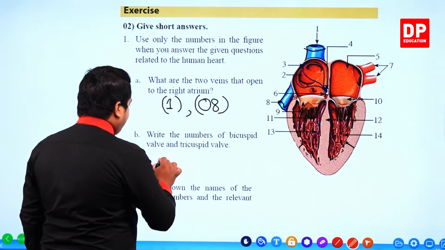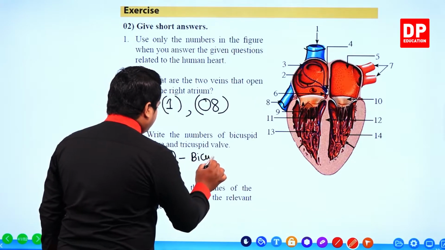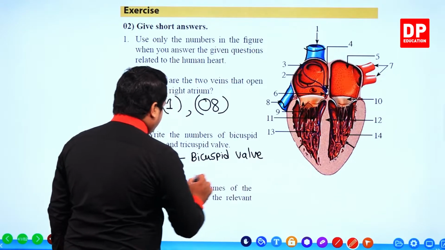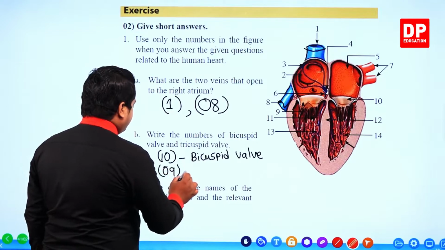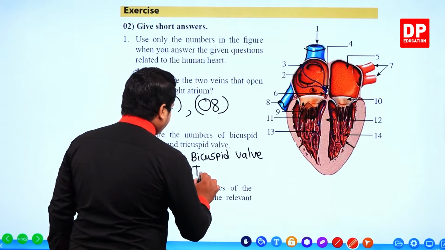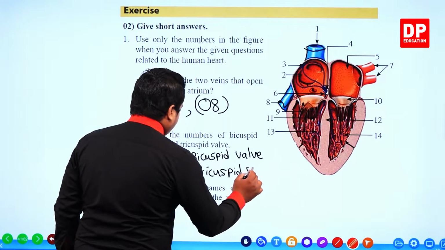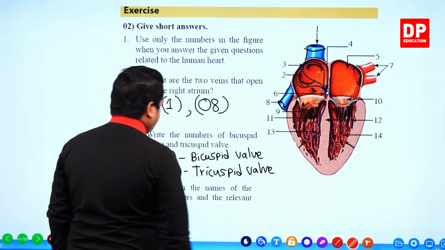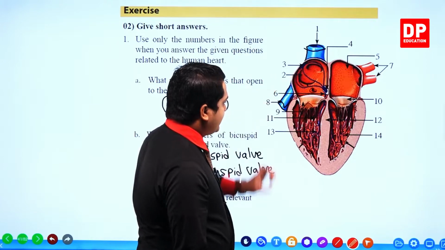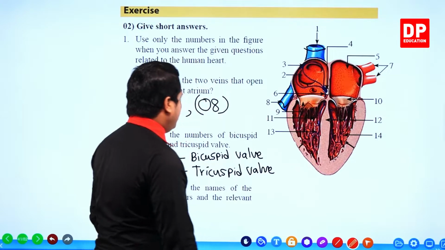So number 10, number 9, tricuspid. Number 9, which is the right hand side, contains the tricuspid valve. Number 10, which is at the left hand side, contains the bicuspid valve.